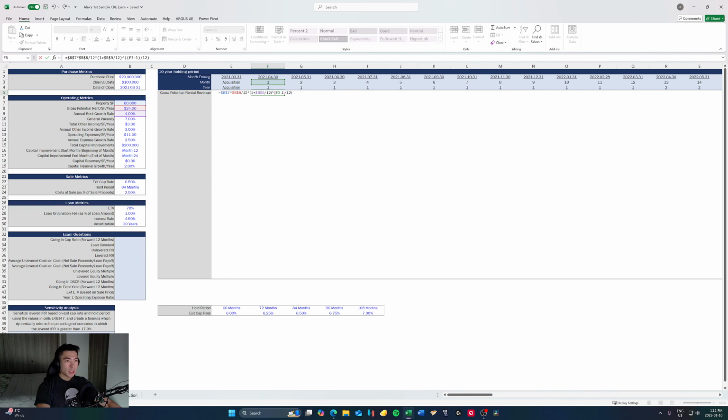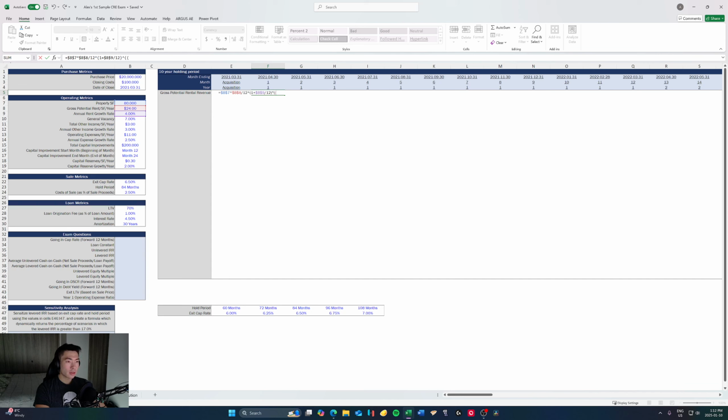The reason we're doing the F3 minus 1 is because we're accounting for the fact that in the first month there is no growth. It's going to be 1 minus 1, which is 0, which makes the exponent 0, which makes this whole number just 1. And so really what we're going to be seeing is just that in action. Well, I guess you get to see it again since I pressed escape.